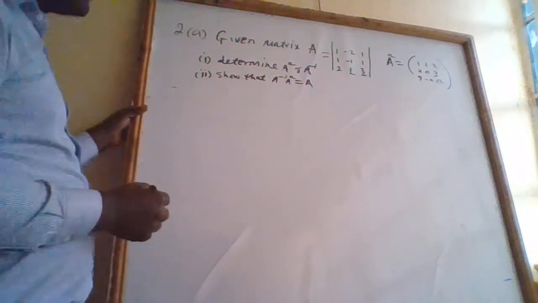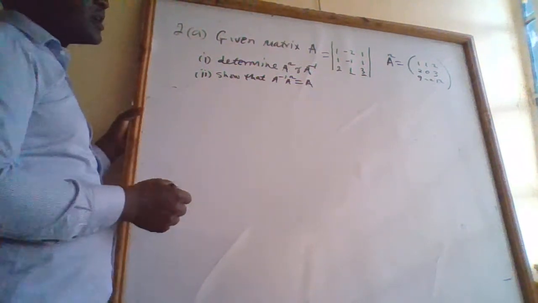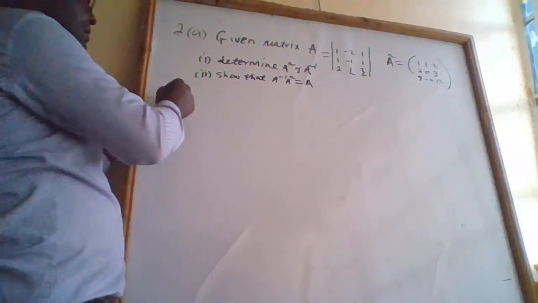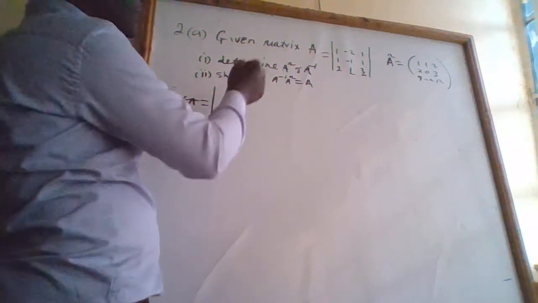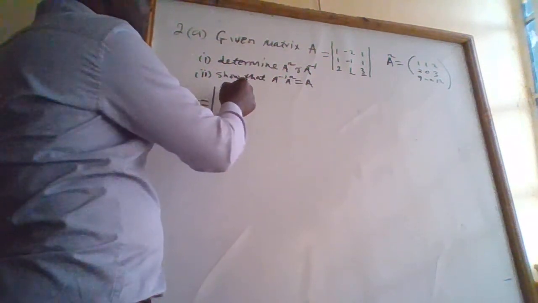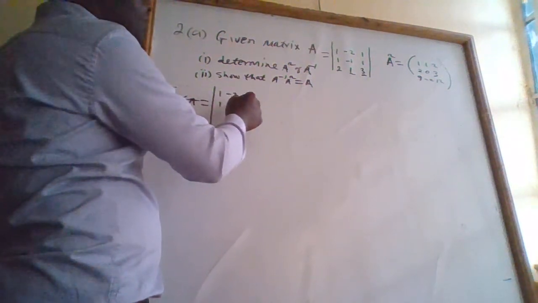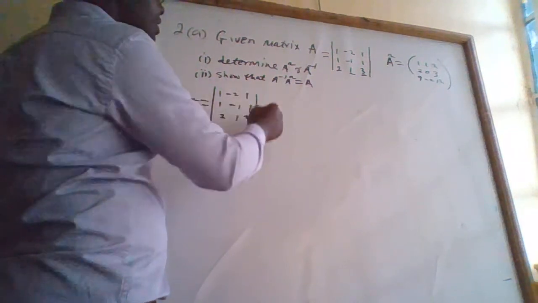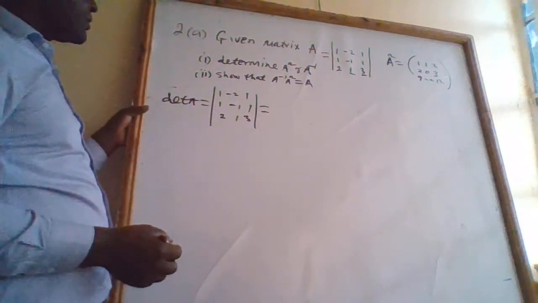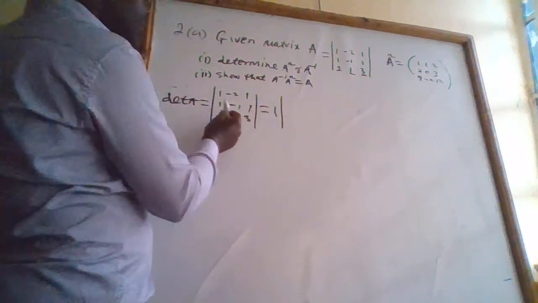Now, before we get the inverse of matrix A, we need to get the determinant of matrix A. Determinant of matrix A, so we have 1 minus 2, 1, 1 minus 1, 1, 2, 1, 3. So this equals to 1, get the determinant of A. So we shall have 1.